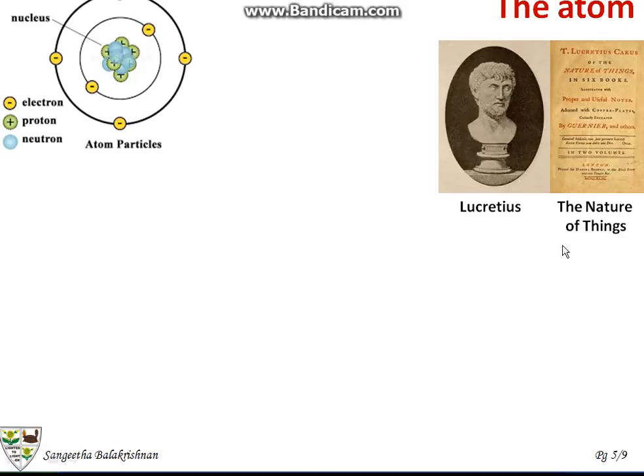Lucretius was a Greek philosopher who wrote a treatise called The Nature of Things. What he essentially said was, take a piece of paper, tear it into half, then take one of the halves, tear it into 2 more halves, and keep on going this way until you can tear the piece of paper no longer. What you end up with, the smallest piece of paper in your hand which you can no longer tear, is the atom.